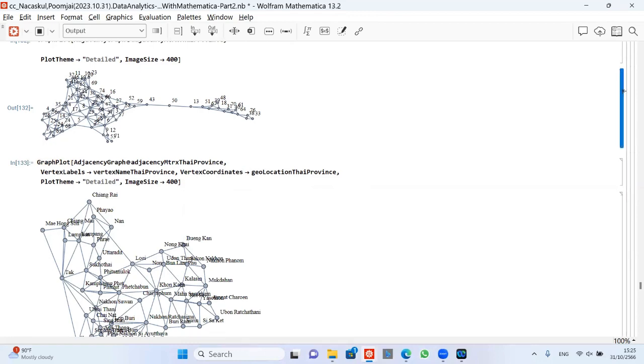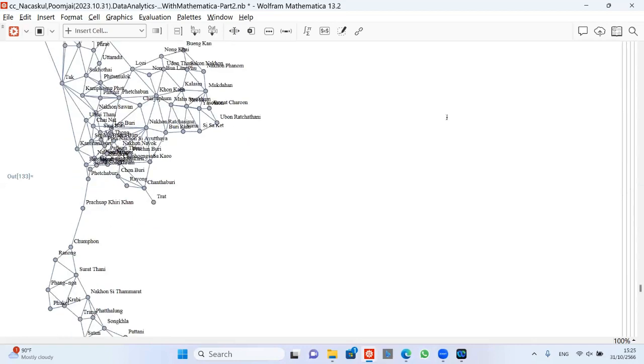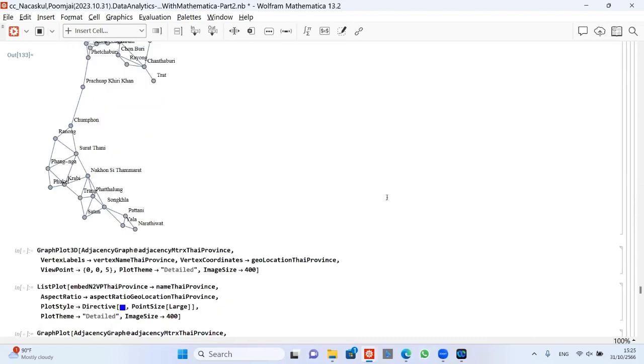Now, what's cool is this location is in 2D, right? I can do something else more interesting. For example, let's say the X is the longitude, the Y is the latitude, but I want to plot in 3D, and the Z dimension is rainfall. Can I do that? Yes, I can.